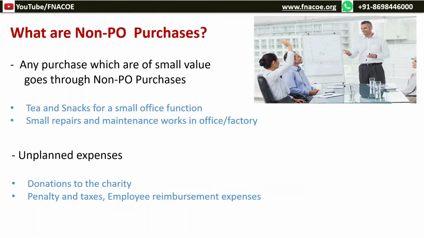In such expenses, there is no need to have a purchase order. Another example is government taxes and penalties. You have no choice here and have to make the payment on time to the government. There are many such examples we'll discuss in the next few minutes. I hope by now you understand what the non-PO type of expenses are.